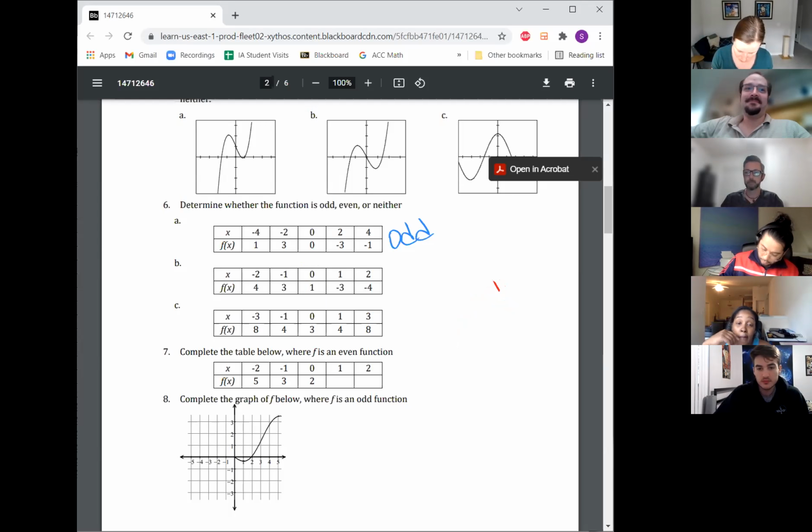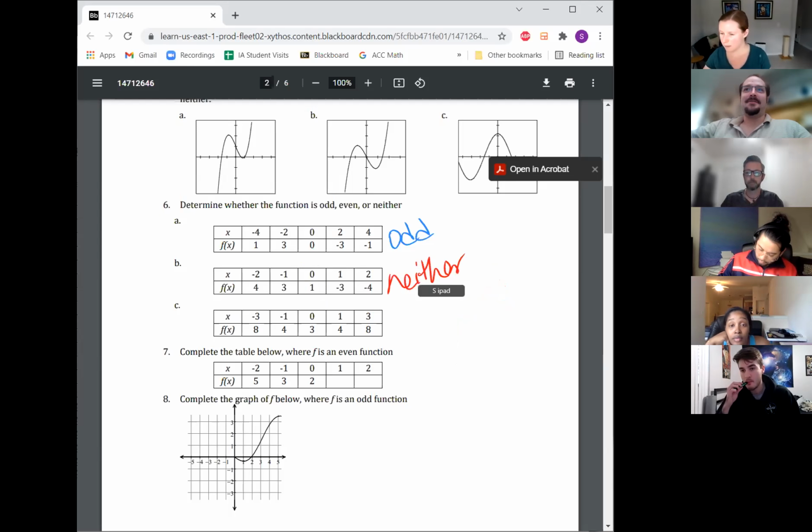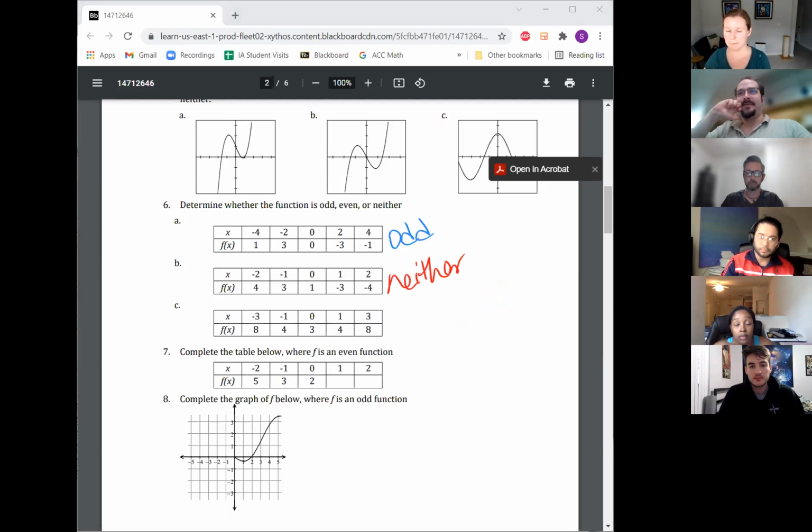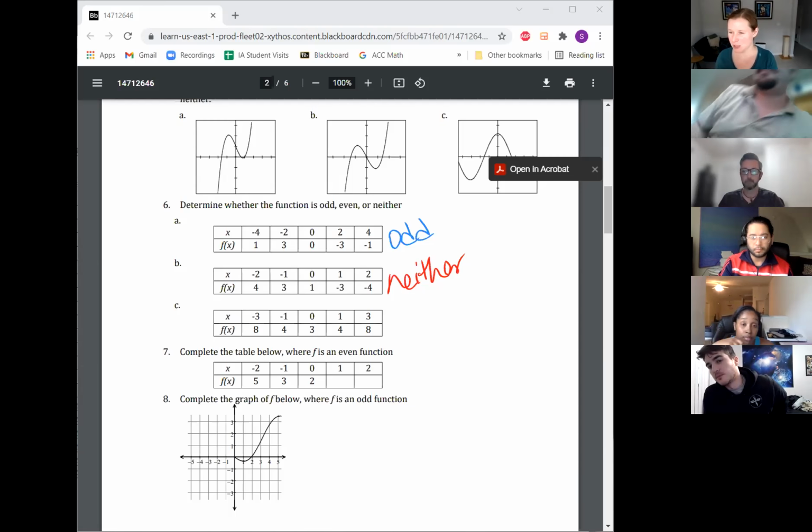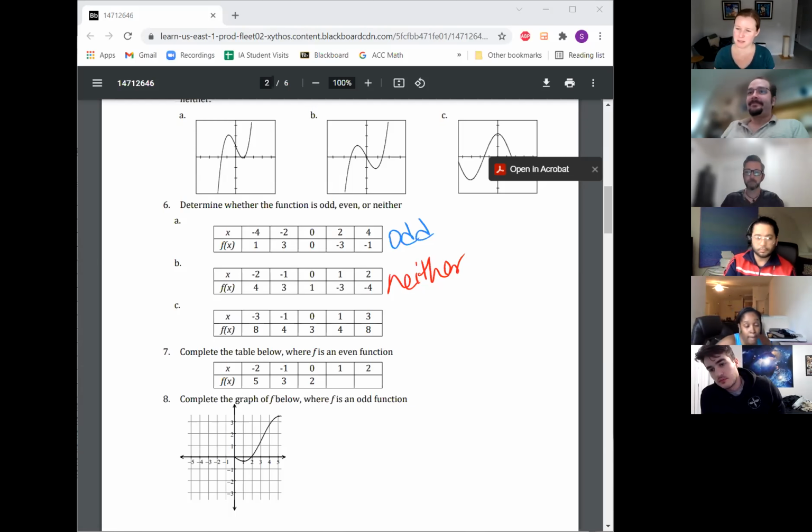All right, so that one is neither. There's two things you gotta check with the odd. They're opposite and they go through the origin, and they both begin with an O. Yep. Opposite origin odd. Opposite origin odd. All right, next is Carson.